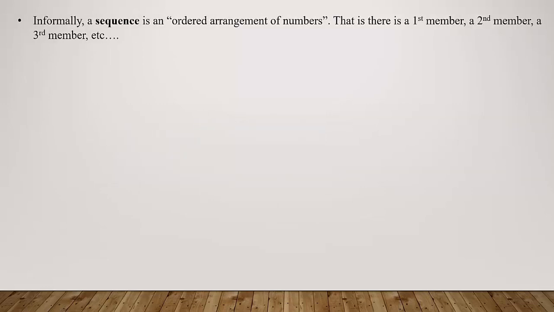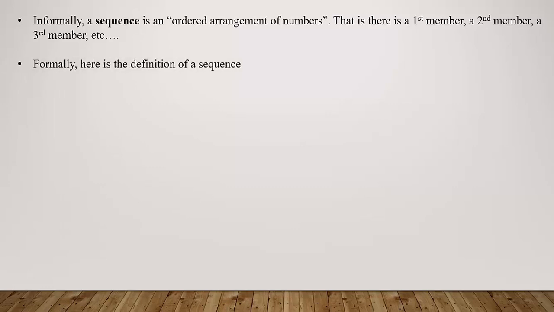So here, let's get started by saying informally, you can think of a sequence as simply being an ordered arrangement of numbers. And that informally just means that there's a first member, a second member, a third member, etc. There's an ordering to it.